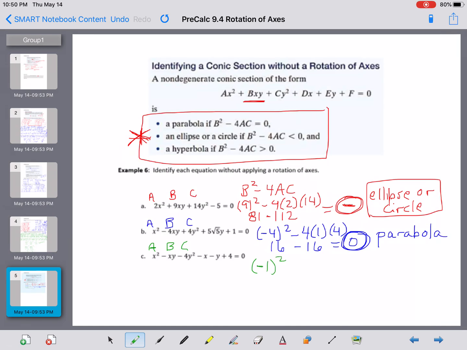Negative 1 squared is 1. 4 times 1 times negative 4 is negative 16 minus a negative 16 makes it positive. And again, yeah, it's positive 17, but the most important thing is it's positive. That's what I want to know. That means that this equation will end up being a hyperbola.